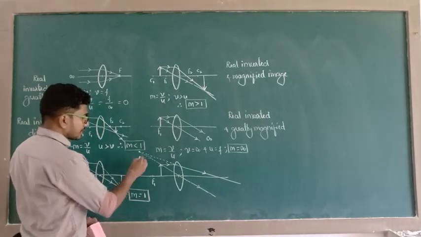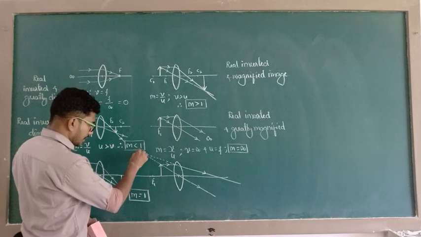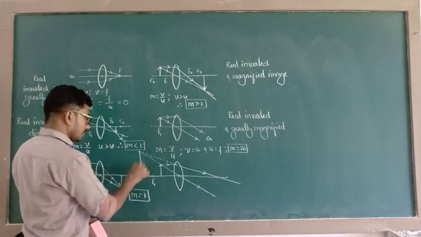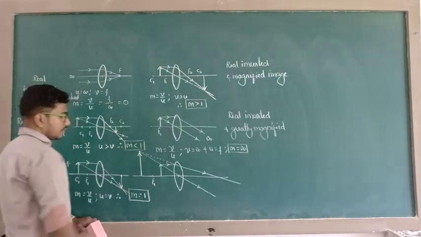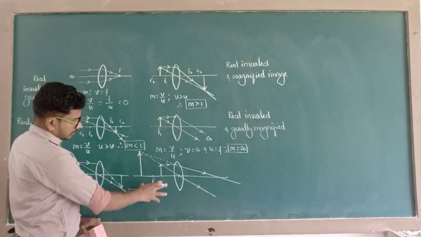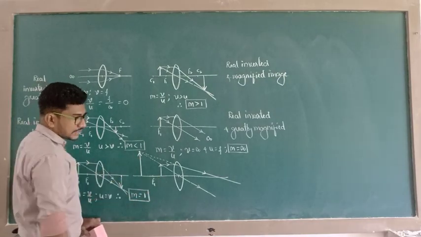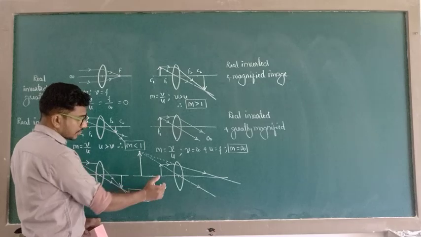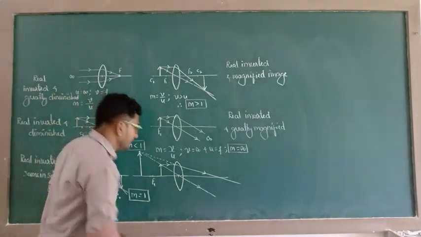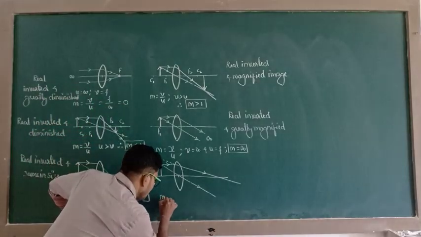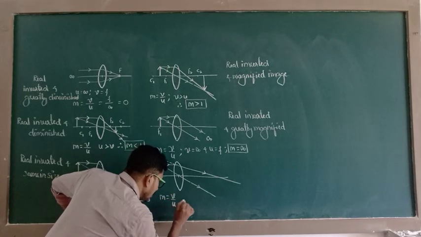This point of intersection represents the position of the image. So here the size of the image is greater than the size of the object, or image distance is greater than object distance. Linear magnification, m is equal to v by u.